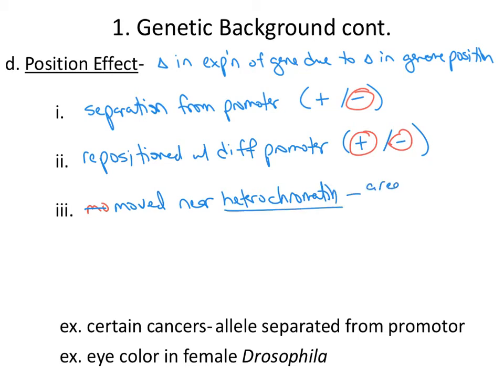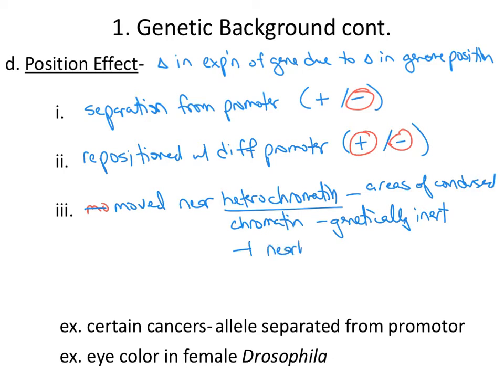Heterochromatin are areas of condensed chromatin that is genetically inert. In other words, dead. Doesn't do anything. Just lies there being DNA. And heterochromatin will inhibit nearby gene expression.